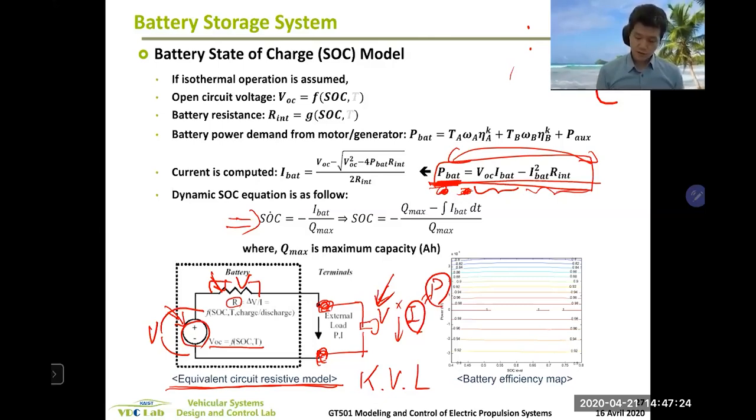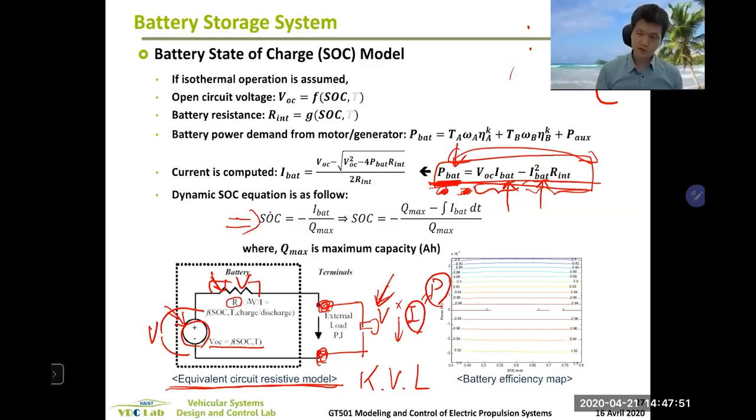If you look at this, it looks like a quadratic equation with respect to current. By the way, we have everything known.